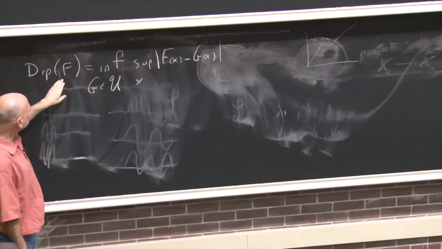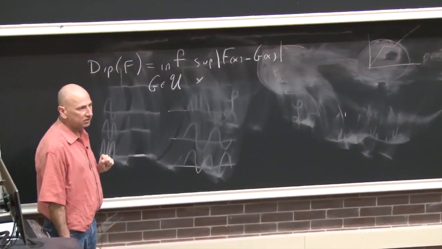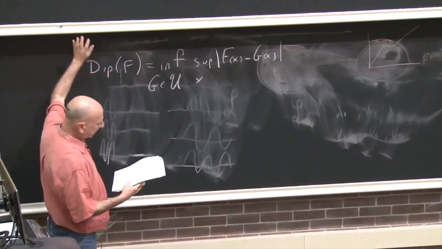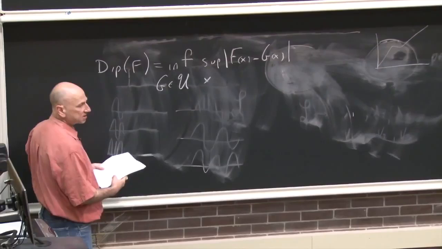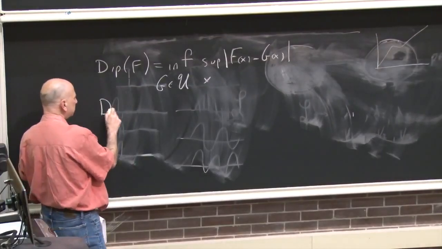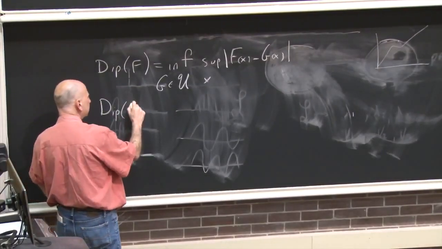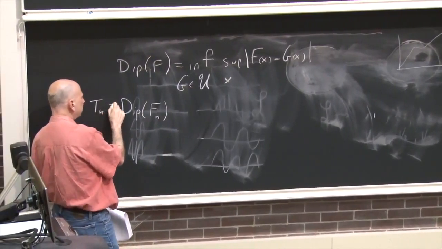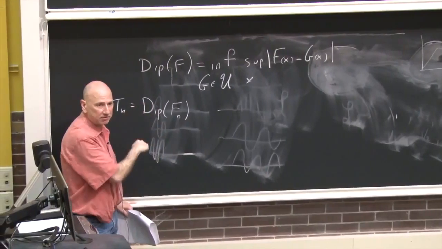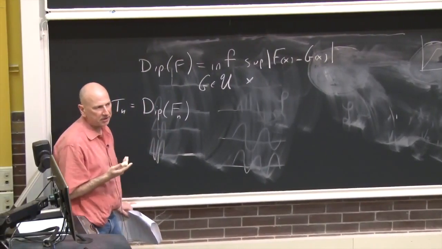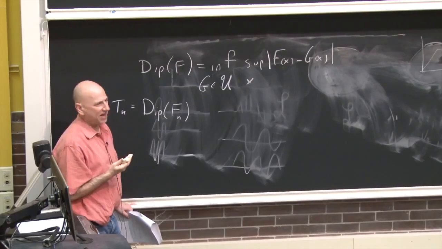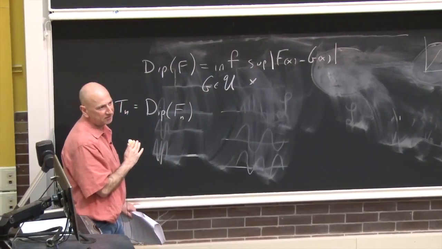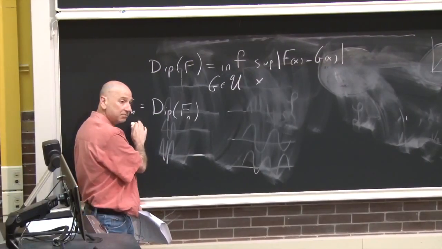So this is measuring how close F is to being unimodal. And then the test statistic is simply to compute the dip of the empirical distribution. Surprisingly, there are fast algorithms to compute this. If you just think about it offhand, how am I going to find that? How do I take the infimum over this whole class? But what makes this paper so clever is he finds a very fast algorithm to actually compute this thing.